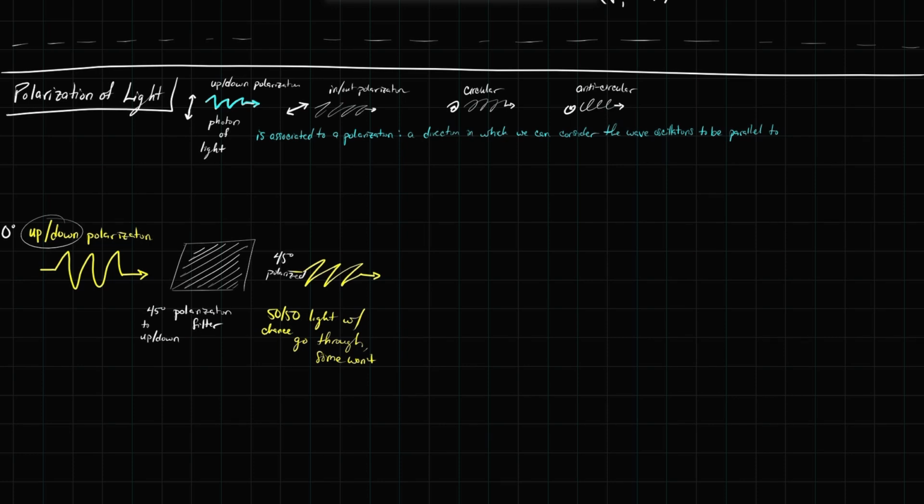And if we put another filter that we'll say is horizontally polarized right after this, it will be 90 degrees to the original, or horizontally polarized.